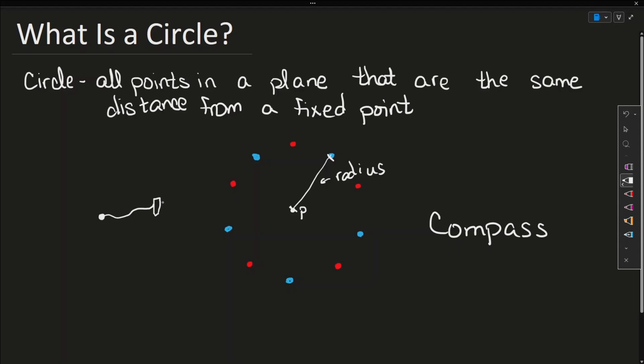It does need to be tight. We pull the string tight and we move the pencil around while keeping the string stretched. Why does this work? Because the length of the string stays constant. That means the pencil is always the same distance from the fixed point. And again, that is exactly the definition of a circle.